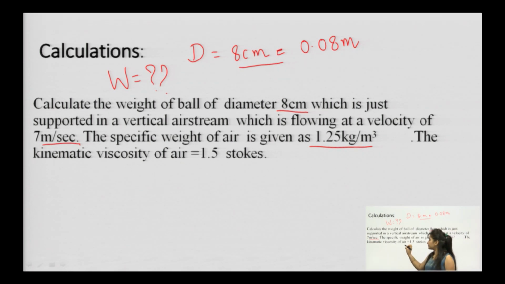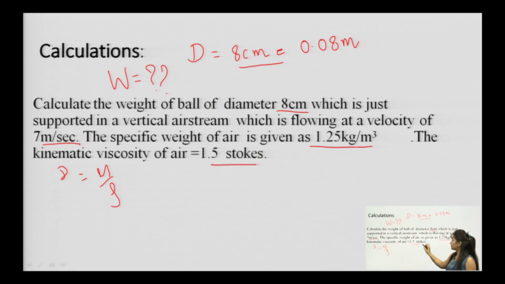Also, you are given the viscosity, that is nu, or mu by rho, dynamic viscosity by density, as 1.5 Stokes. So, with the help of diameter, velocity, density, and the kinematic viscosity, the ratio of dynamic viscosity and density, we need to calculate the weight of that ball.